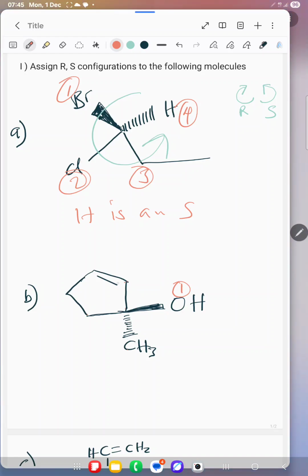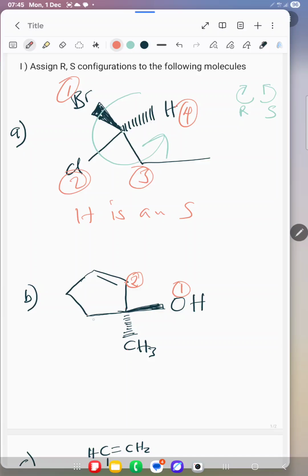What do we follow if there is a tie? You check if there is any carbon which has a double bond, and that should be given the highest precedence. So this is going to be our number 2 because of the double bond attached to it.